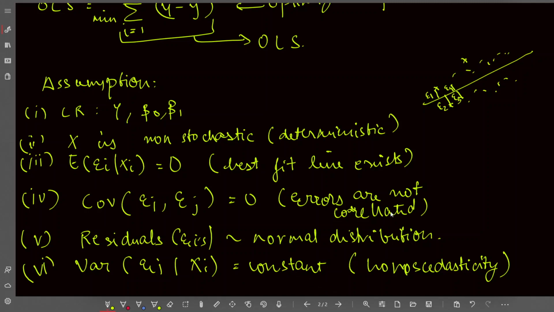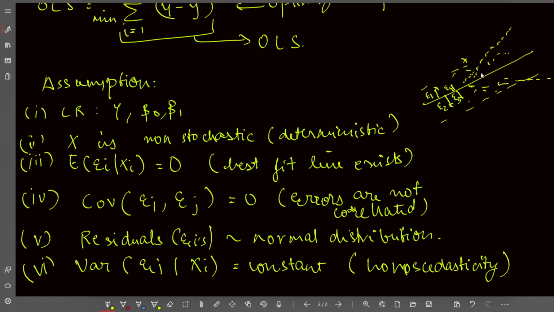That means all the errors have constant variance. They are limited by a range. They don't spread out. So if my errors are limited in this range, it's called homoscedastic. If I have errors that spread out like that, it's called heteroscedasticity, in which case I cannot model my data using a linear regression model.